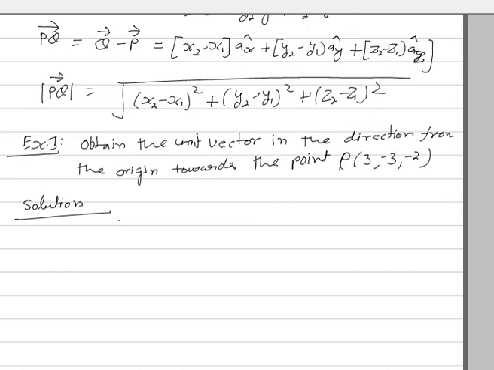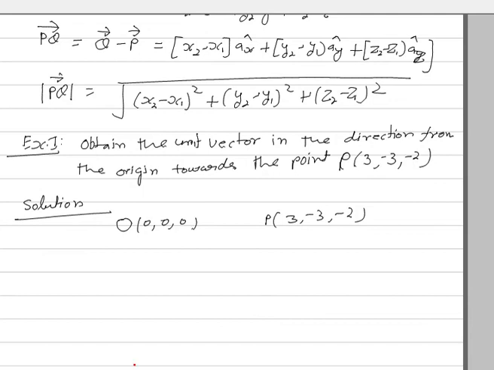So here we consider O as the origin, which is 0 0 0, and another point P, which is 3, minus 3 and minus 2.